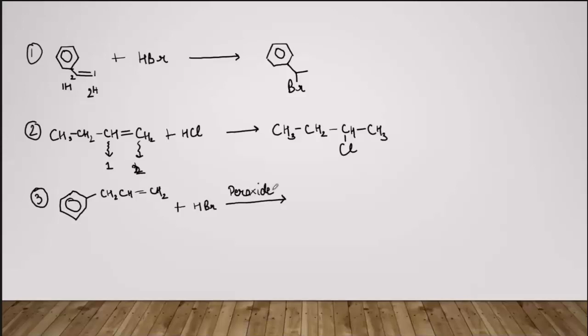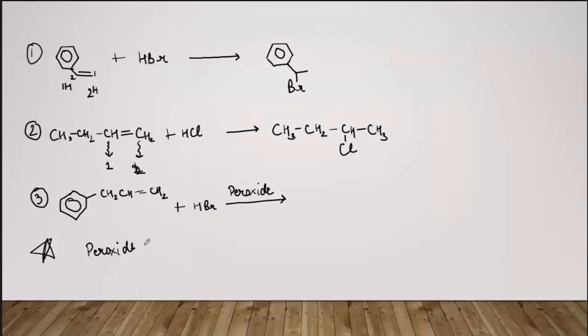So the trick here is that you will have to remember this. This is an important note, so you will have to highlight this. Whenever this reaction is done in the presence of peroxide, the Markovnikov's rule will not apply here. Or you can say that the Markovnikov's rule gets reversed. I mean, the two conditions of the Markovnikov's rule get opposite in this case.